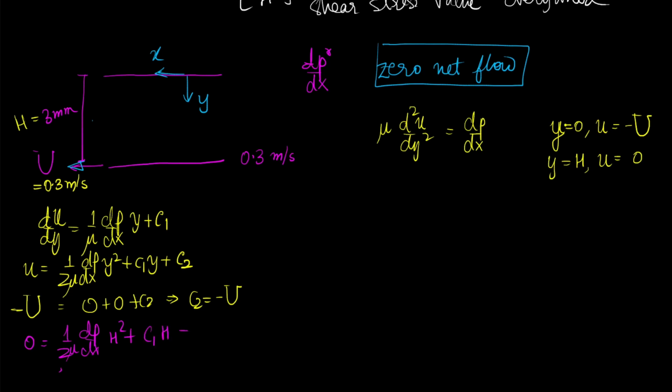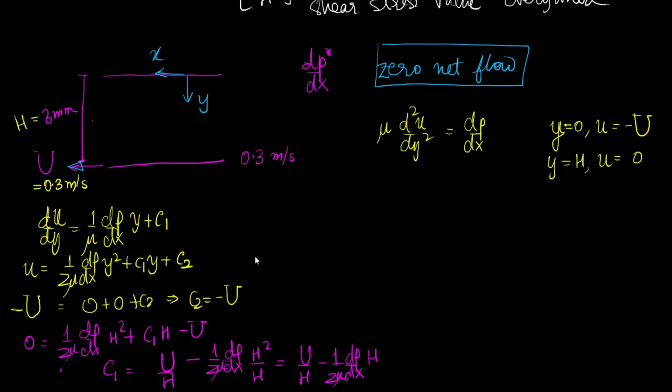So c2 is minus U, and from this we obtain c1 equal to U minus 1 upon 2 mu dp dx h square, divided by h. So c1 comes out to be U by h minus 1 upon 2 mu dp dx times h.